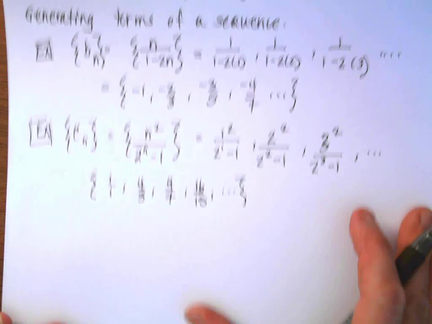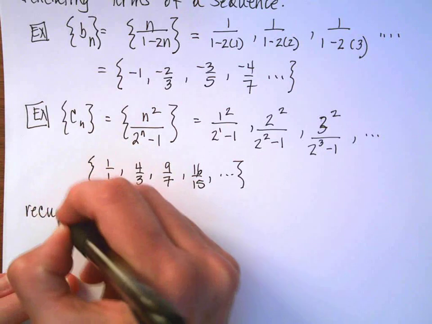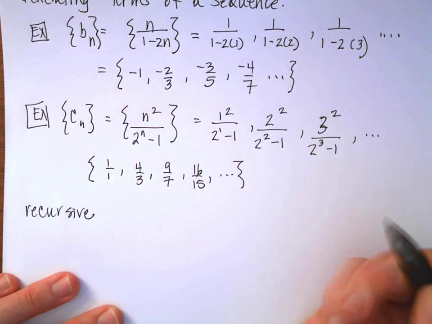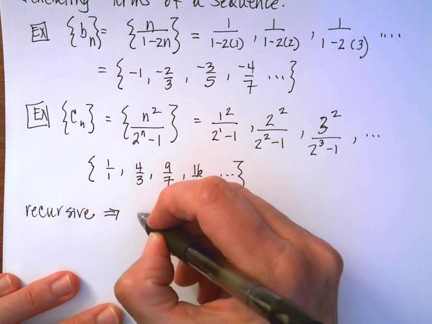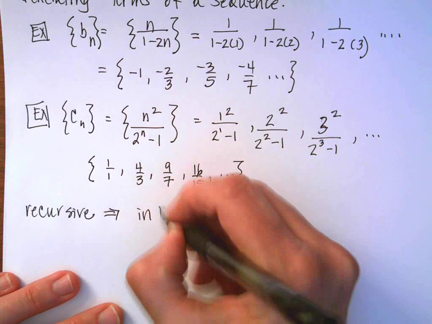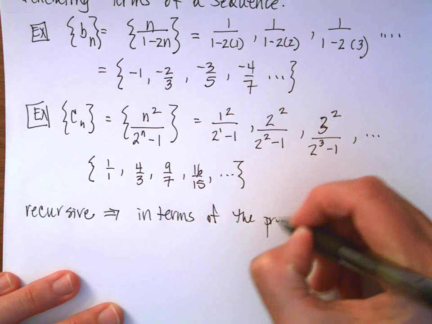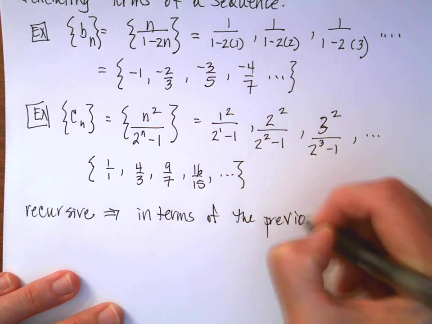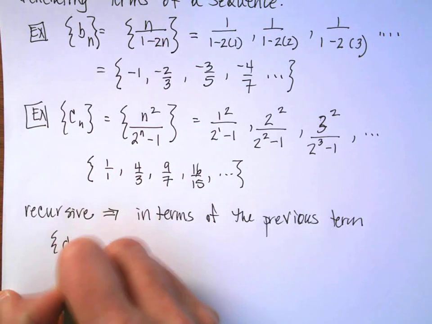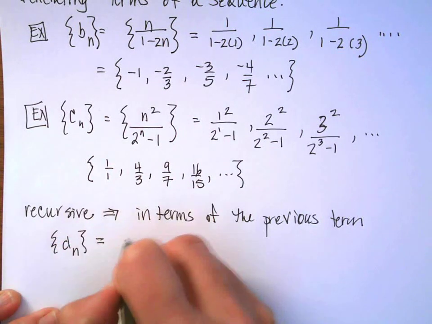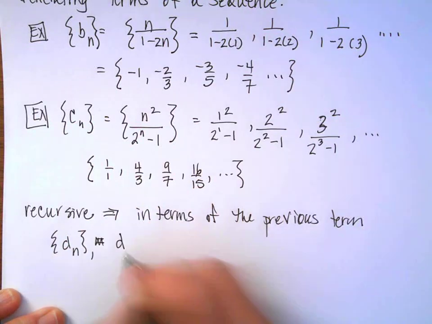Okay? Another way that you might see a recursively defined sequence, and we talked about recursive meaning that it is in terms of the previous term. So remember we said this is a way to define a sequence that's in terms of the previous term. We talked about this in our last video, but sometimes it looks like this. So we're going to have a sequence. It's not an equals yet.